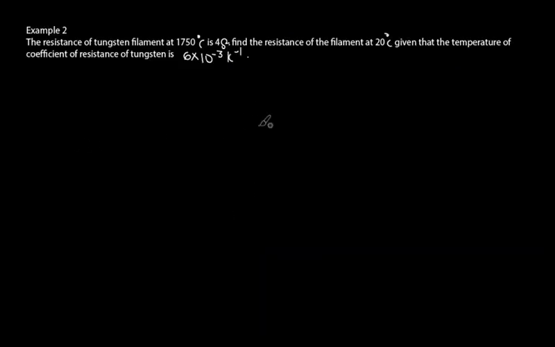Now this is actually interesting, so I will take my time and explain everything. They say the resistance of a tungsten filament at 1750 degrees Celsius is 4 ohms. Find the resistance of the filament at 20 degrees Celsius.